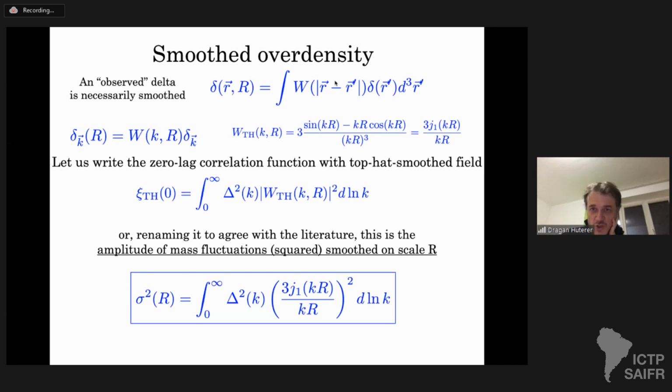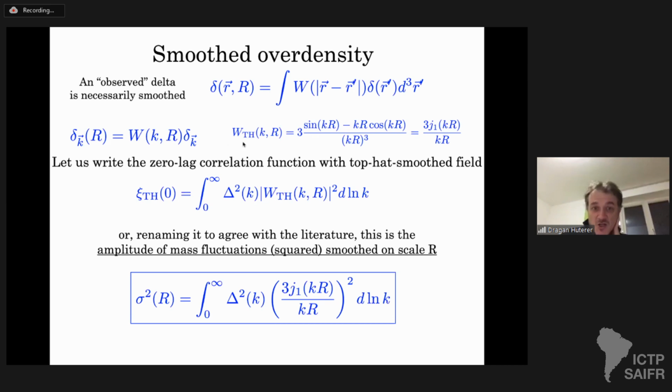Because convolution in real space is multiplication in Fourier space, you need the Fourier transform of the top hat window. And here's where our headache kicks in. Our real space choice for W is just a top hat: it's flat at 1 for r between 0 and capital R, and then it goes to 0.